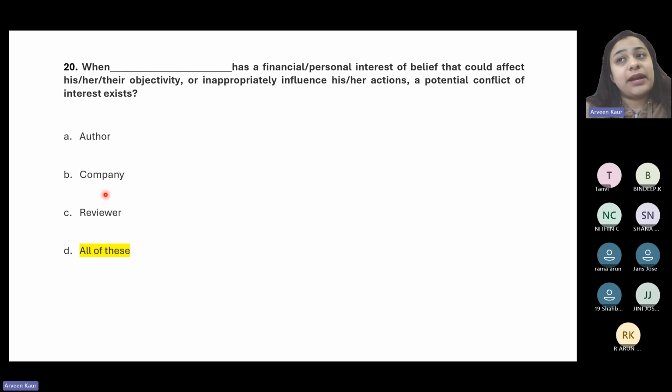Similarly, a reviewer might be a part of a particular company that is also working on some commercial drug related to the research that the person is reviewing, or a similar kind of work. So he or she also has to declare that I am also working in a company, or I am a board member in a company, that is working on similar kind of things.